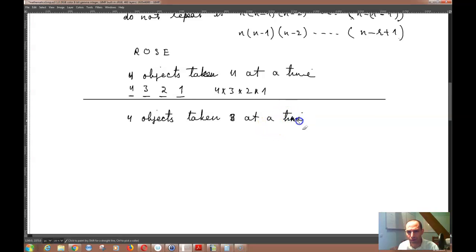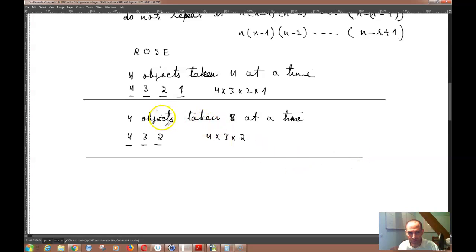Which would be, you have 3-letter words, so you have 4 ways of filling this placeholder, 3 ways and 2 ways, so that the total number of the different words that you can make would be 4 times 3 times 2.